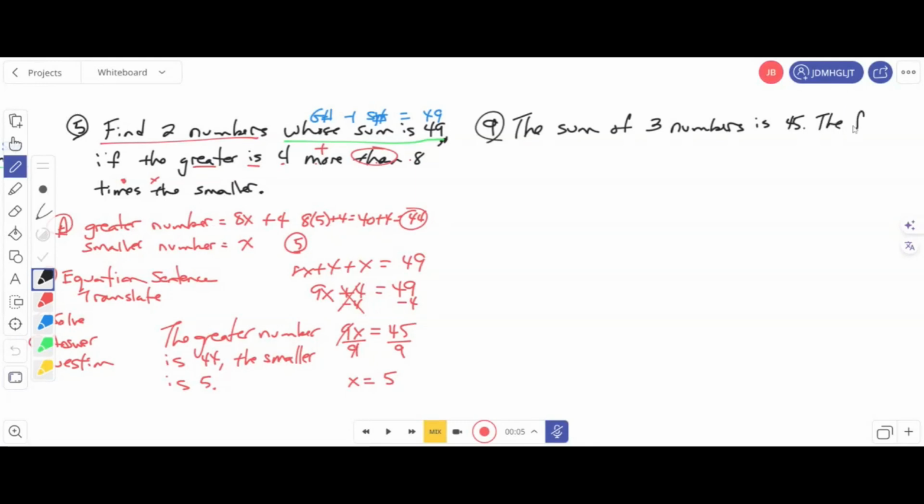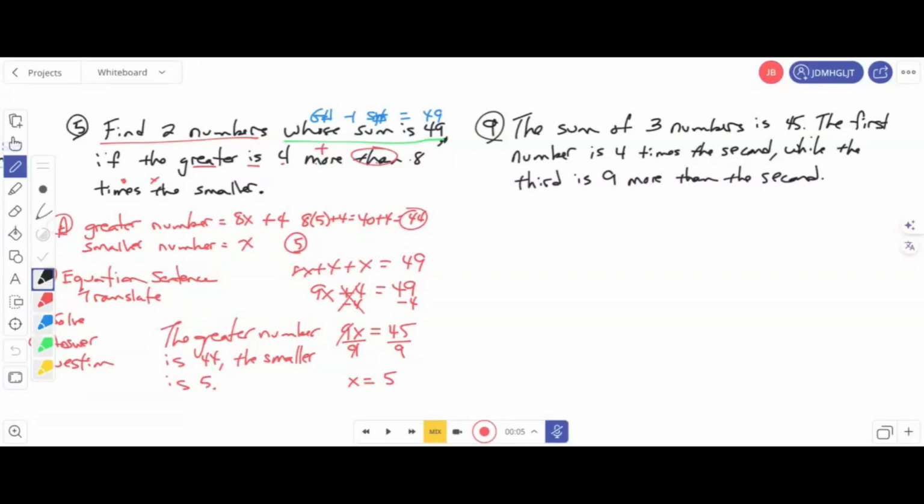The first number is 4 times the second, while the third is 9 more than the second. Find the numbers.